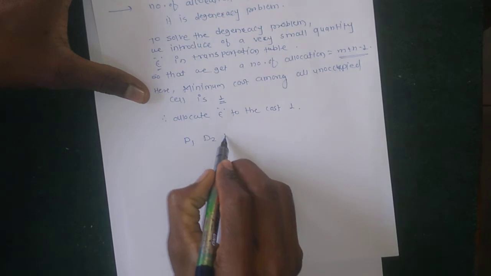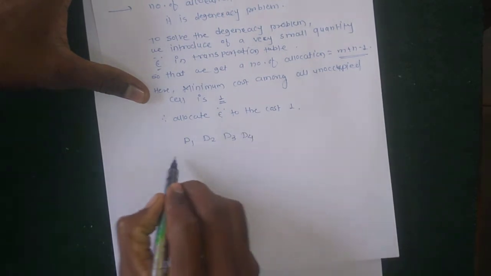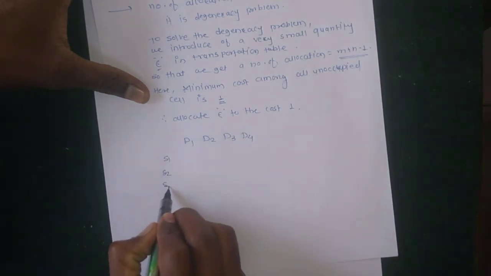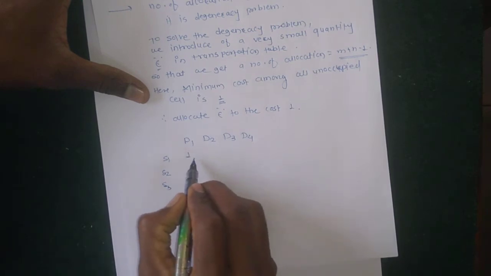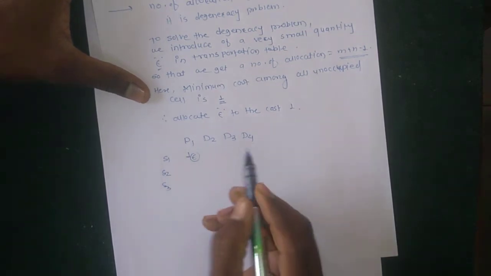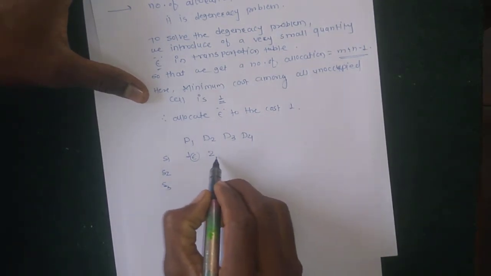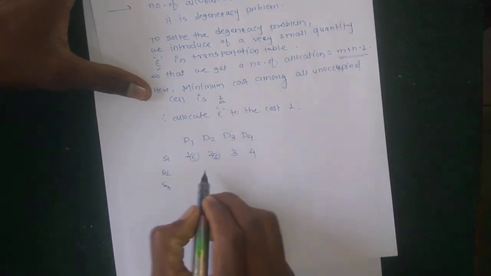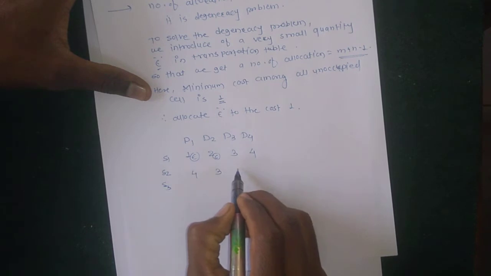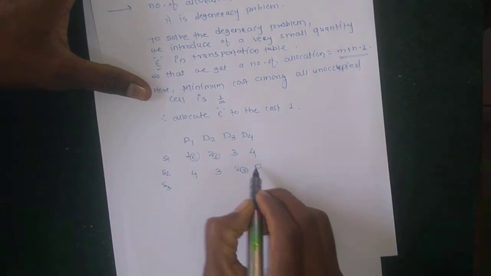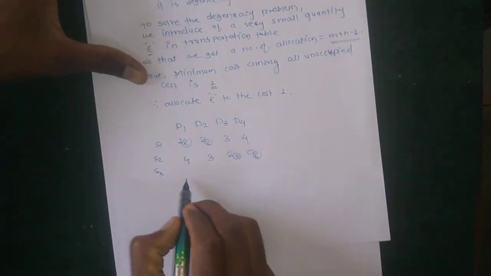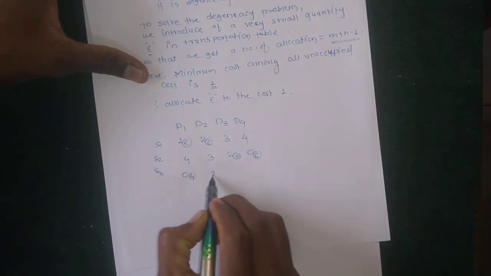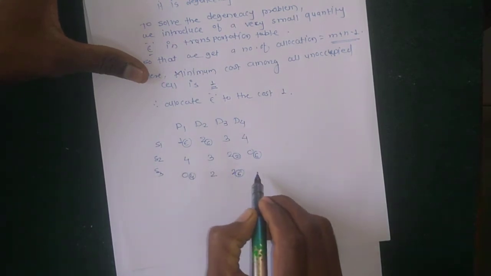D1 D2 D3 D4, here S1 S2 and S3. So here for cost 1, the allocation is epsilon. Okay, then 2 has value 6, then write the other allocations as they are. So here 4, 3, 2 has 2 and 0 has 6 allocation, then 0 has 4 allocation and 1.